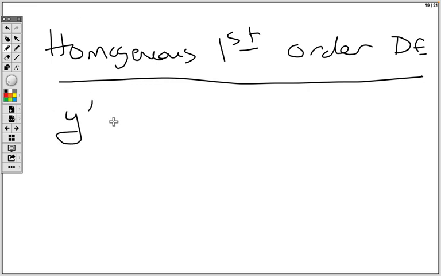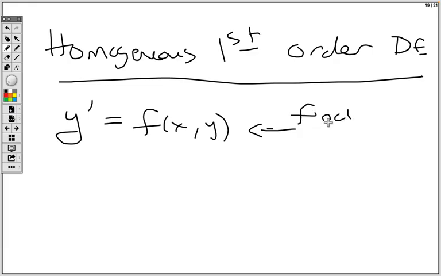You've got y prime equals f of x, y. So this is the same kind of setup we had to check Picard's theorem, where this function is homogeneous of degree 0. All right, so that's what a homogeneous first order differential equation is.